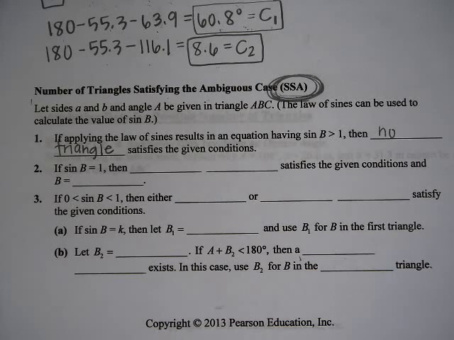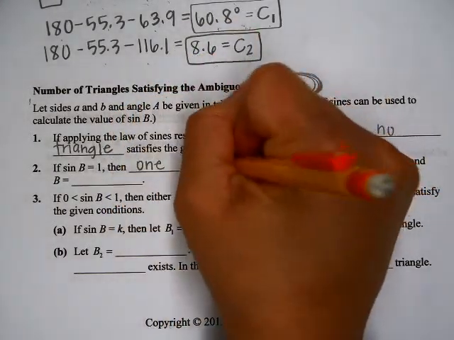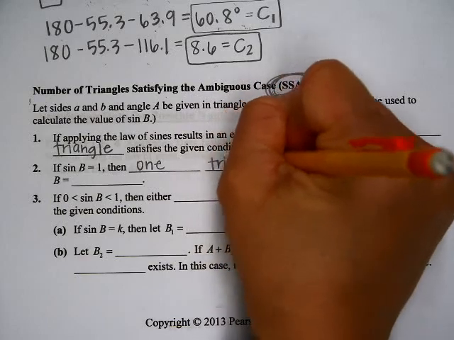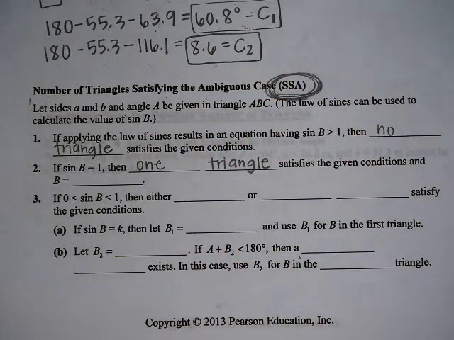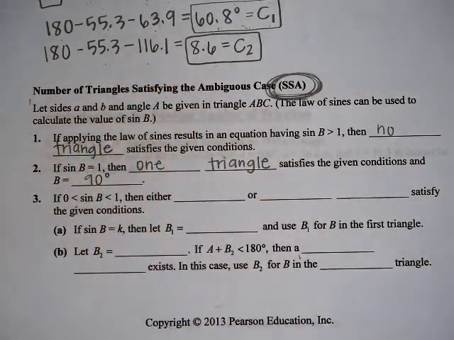If sine B equals 1, then one triangle satisfies the given conditions, and B equals 90. Okay? So again, with side-side angle, it's possible for you to have no solution, one solution, two solutions, okay?